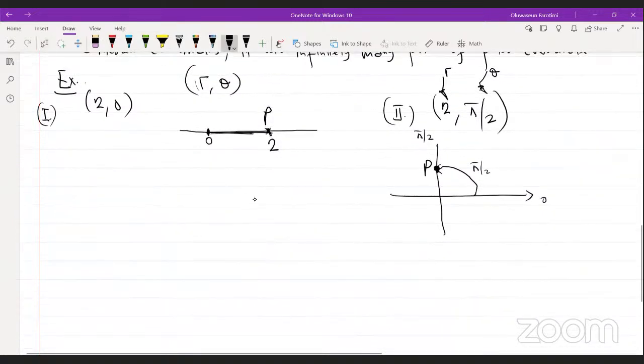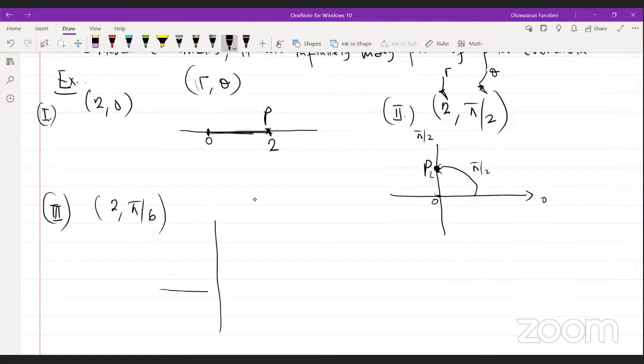Let's look at another one. Of course, this is the origin, so the distance from here to here is 2. Suppose I have (2, pi over 6). Remember, when theta is positive, you go counterclockwise, so you're going in this direction. Theta is pi over 6.